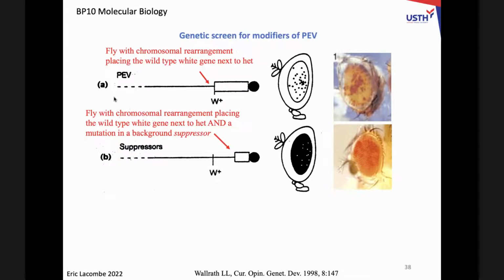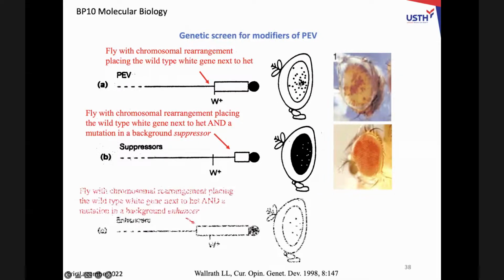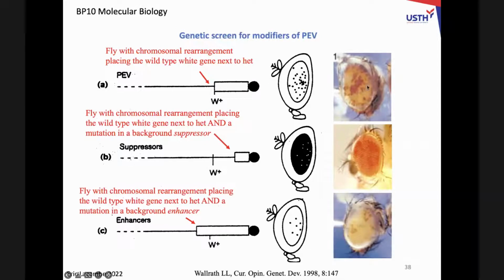Okay. So they found plenty of different suppressors of the PEV effect. PEV is position effect variegation. So they found suppressors of this effect, and they found activators. The activator is exactly the opposite phenotype. So the original fly has weak expression, because W plus is just at the border between hetero and euchromatin.